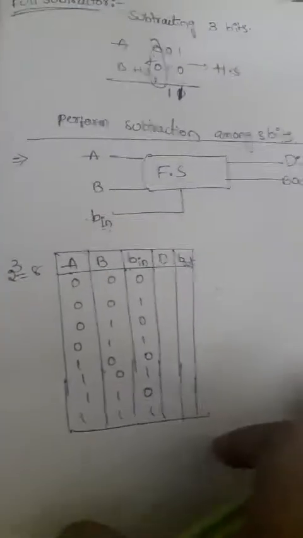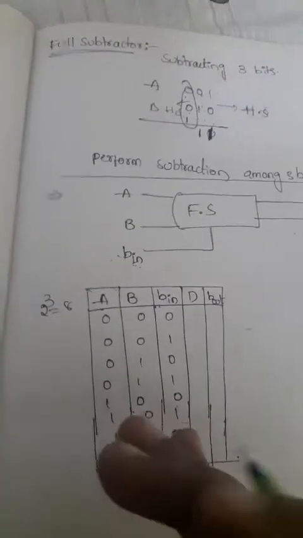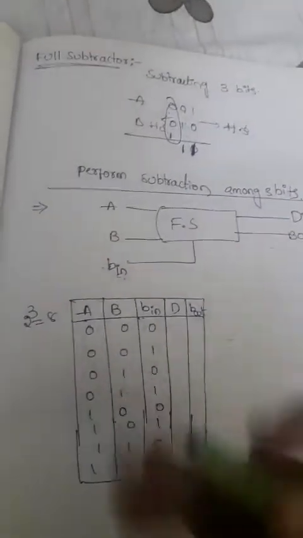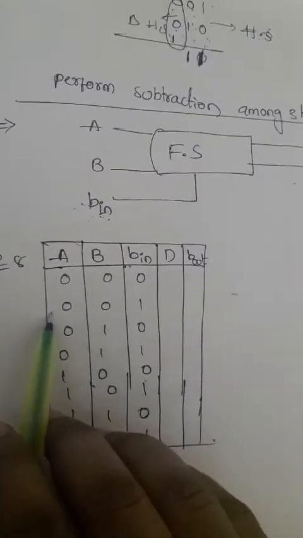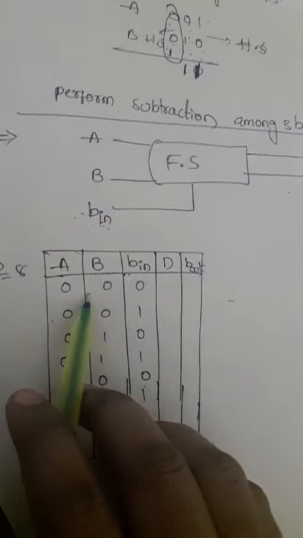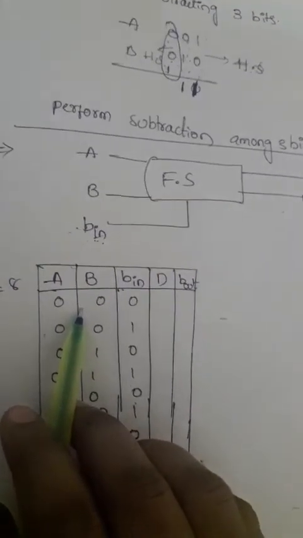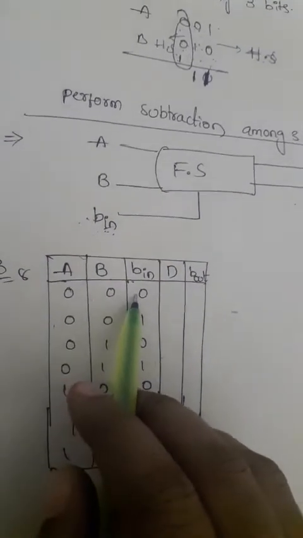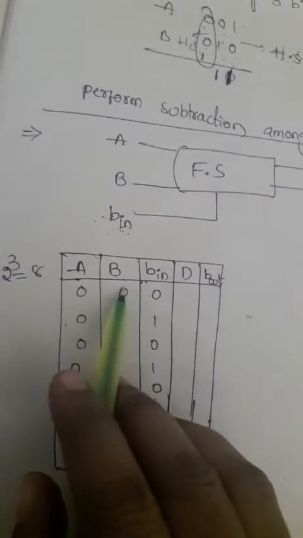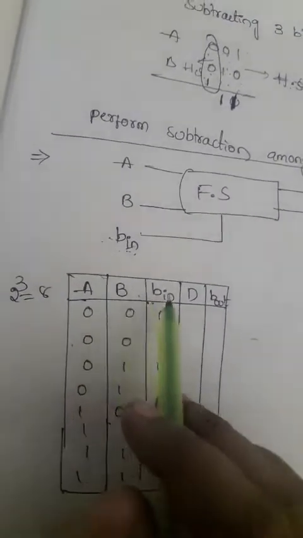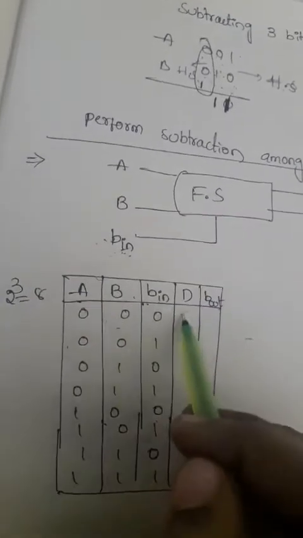Now we have to find the outputs. To subtract these 3 numbers, first of all we need to take the subtraction between A and B. After that, the result is subtracted with B in, whatever result we get from A and B, and that gives the difference.